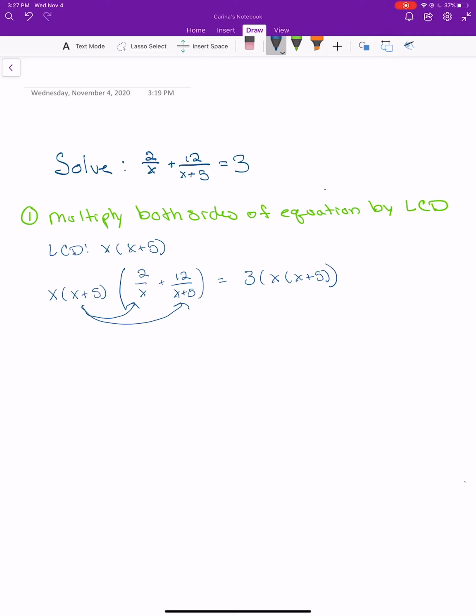So it'll end up being x times x plus 5 times 2 all over x plus x times x plus 5 times 12 all over x plus 5 equal to 3x times x plus 5. So I just multiplied this out and simplified it as well.